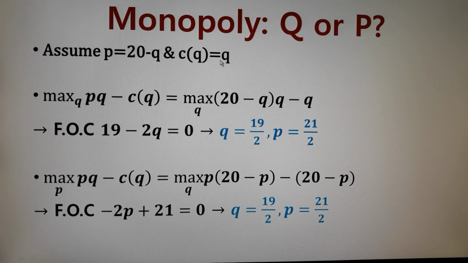If you produce 10, it's 10. If you produce 11, it's 11. So when you change from 10 to 11, your cost also increases from 10 to 11. So the marginal cost is 1. When the word marginal cost comes out, you know what that means.